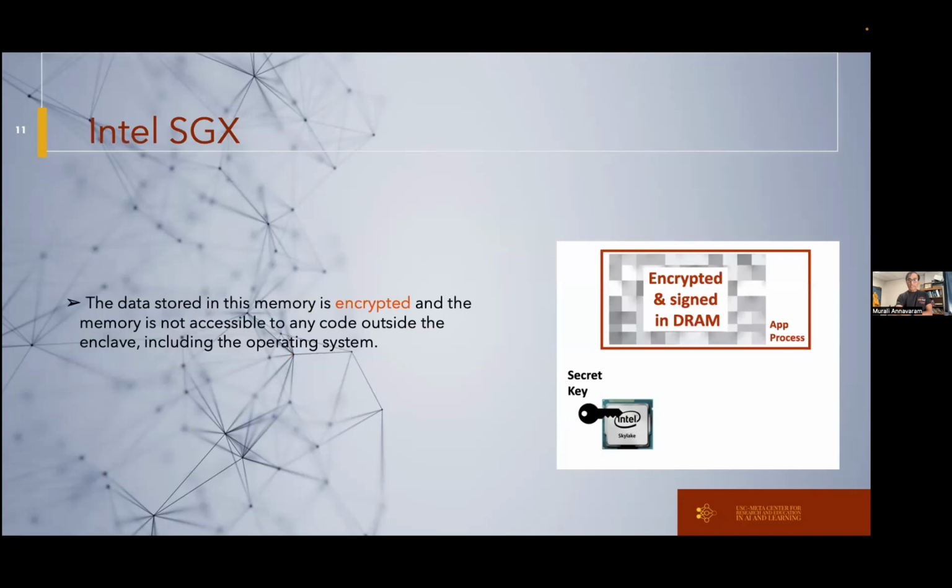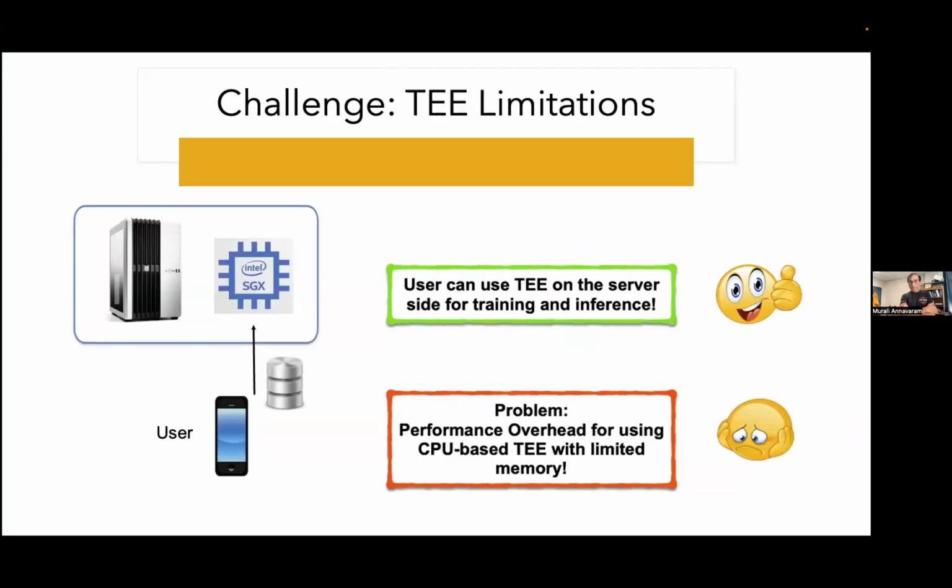And so TEEs are great. You can potentially think of just taking the model, sticking it inside the enclave, and running the entire model within the enclave itself. And that would protect your data. But there are problems with that approach, which is that the performance overhead of using these enclaves is quite significant.